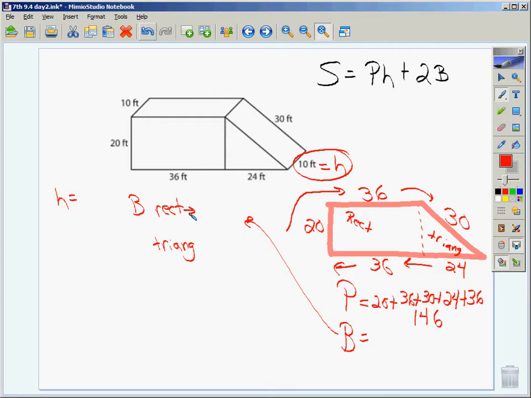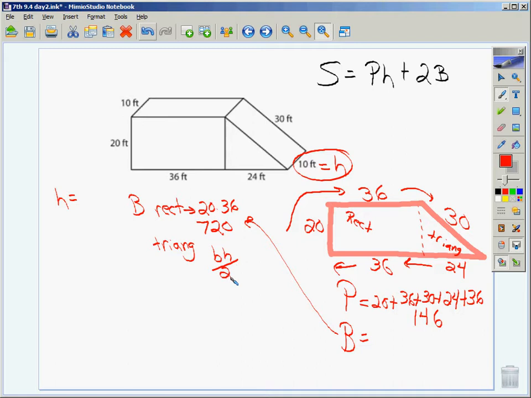How do I find the area of a rectangle? Length times width. 20 times 36. 720. How do I find the area of a triangle? Base times height divided by 2.